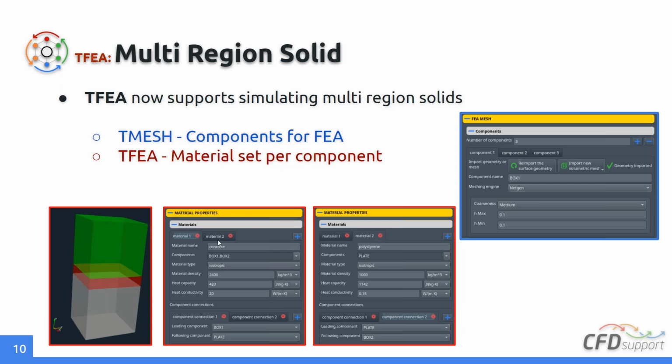Then in the TFEA setup, in the materials section, you can set 2 or 3 or more materials and assign the components the given material. For example, if we have 2 concrete regions and 1 polystyrene region, then in the component connection, you just define the couples which are connected, and internally it automatically finds the connections.